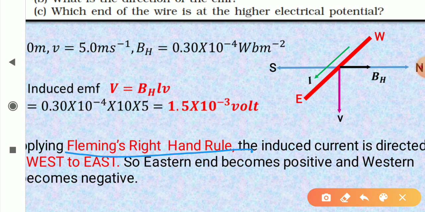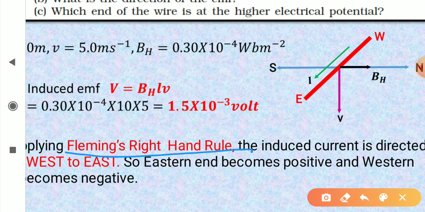Remember, it is the right hand, mutually perpendicular to each other. Your index finger is along BH, your velocity is shown by your thumb, and then the induced current will be shown by your middle finger.